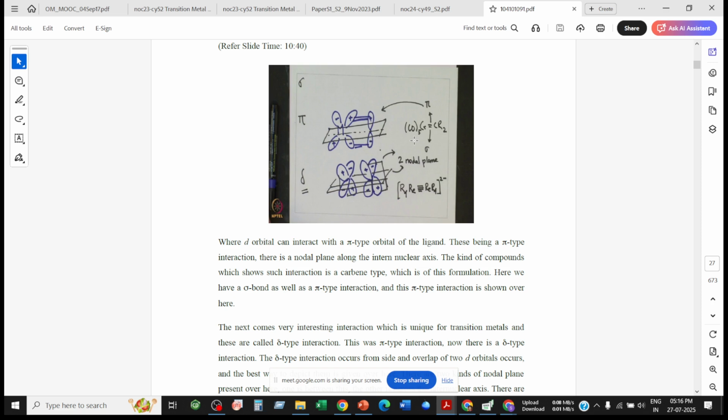Whereas the T2g set has three orbitals: dxy, dyz, dxz. So there are three orbitals. Of these three orbitals, which orbitals participate in pi bond formation?